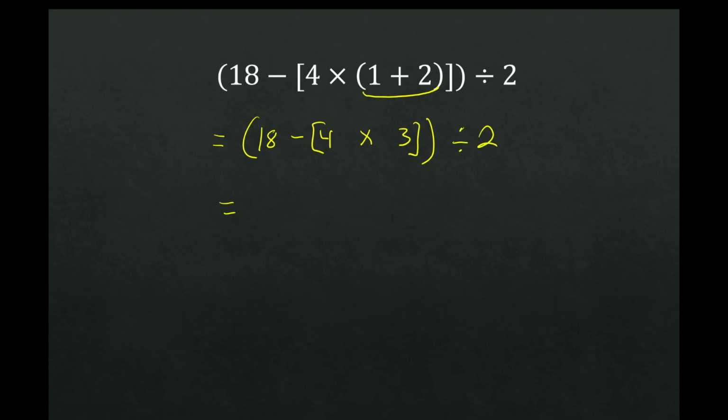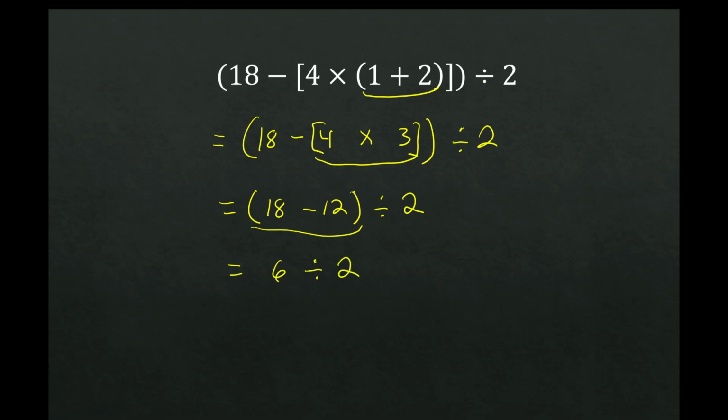And then we want to do the bracket next because that's the innermost. So 4 times 3, that's going to be 12. Then we have the 18 minus 12 in parentheses. That'll be the next thing we do. So that'll give us 6. And 6 divided by 3 is 3. So that would be the answer to that one.